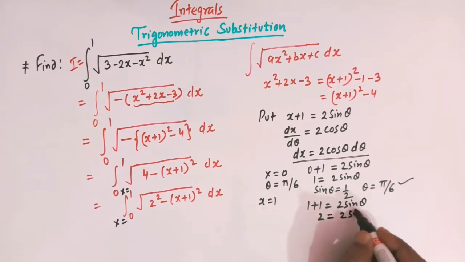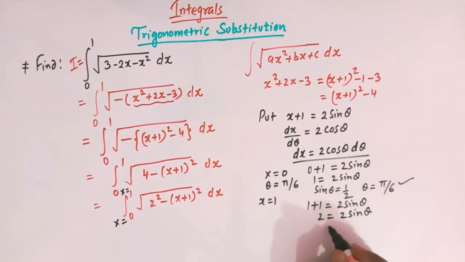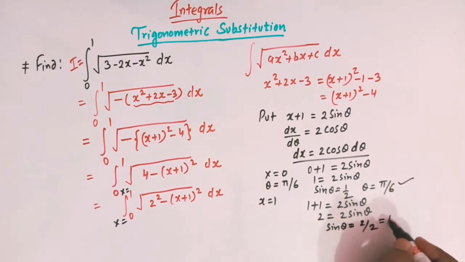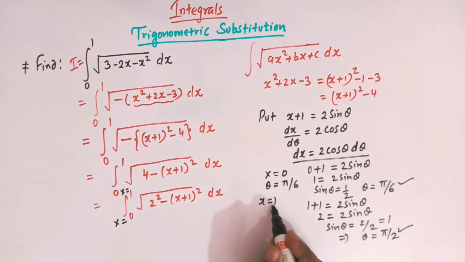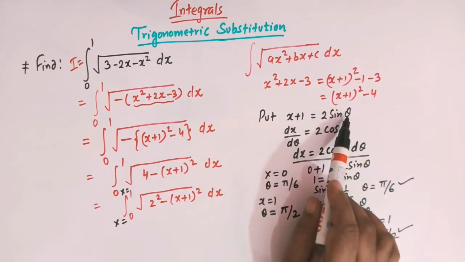So we have 2 is equal to 2 sine theta, and here sine theta is equal to 2 over 2, that is 1, and sine theta is equal to 1 implies that theta is equal to pi over 2, right? So when x is equal to 1, we have theta is equal to pi by 2, right? So now this integral can be written in terms of theta.